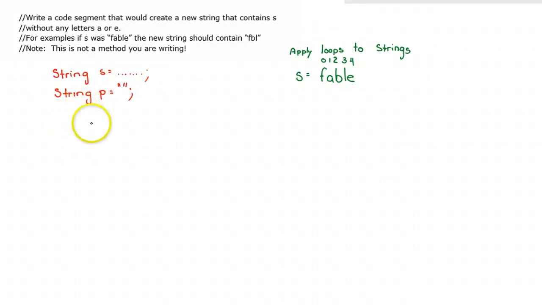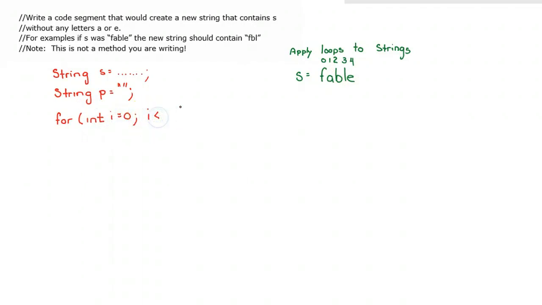So with this, I need to look at each letter. So I'm going to start by setting up a for loop. So imagine I'm going to start at index 0 and evaluate, then index 1, evaluate, index 2, evaluate, index 3, evaluate, and index 4, evaluate. So I'm going to say for int I equals 0, because that's the first index.